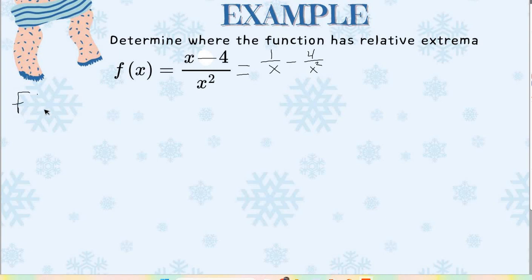Okay. So 1 over x is technically x to the negative first. So what's the derivative of that? Negative 1 over x squared on bottom. Okay? So then what is my derivative of negative 4 over x squared?